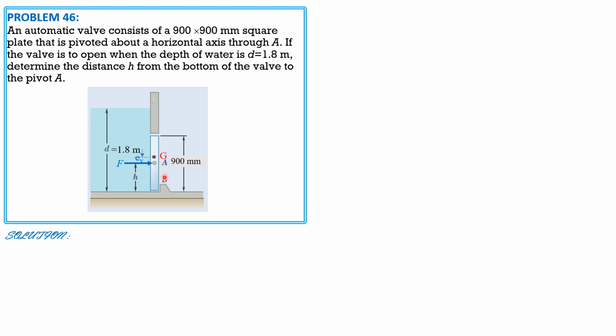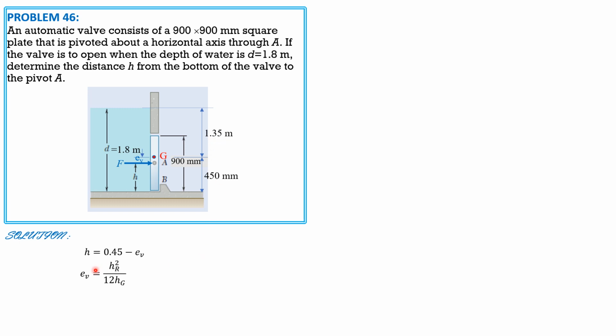So the distance of G from the bottom is 0.45, and h is 0.45 minus e sub v, where e sub v is the height of the square cubed over 12 times hg, where hg is the distance from G to the water surface, 1.8 meters minus 0.45, which is equal to 1.35 meters.